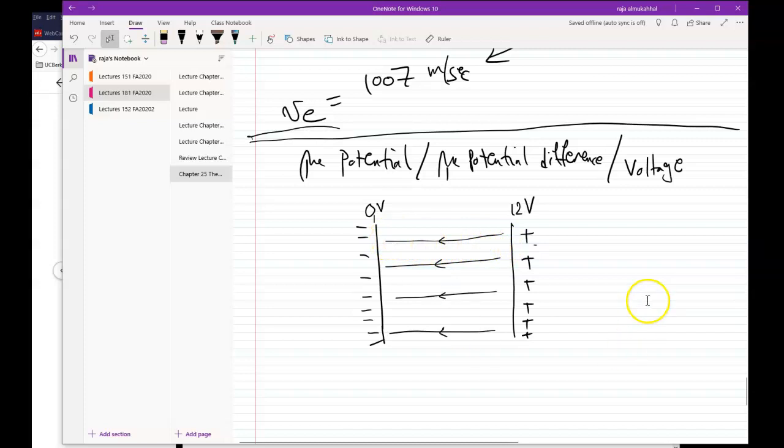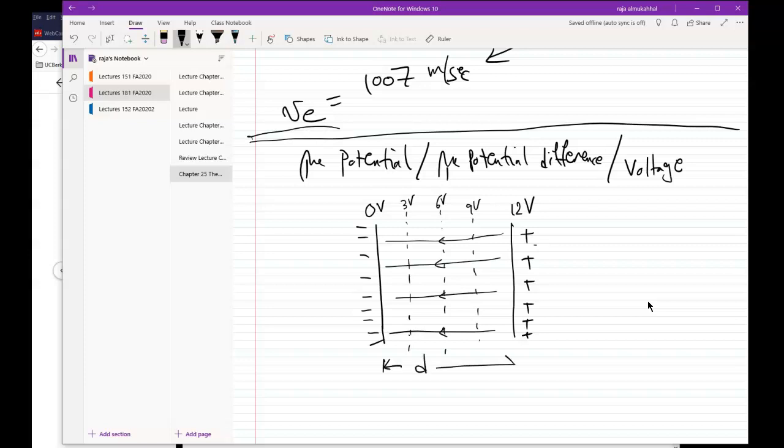In other words, if this is 12 and this is 0, right smack in the middle it will be 6 volt, and right here it will be, say, 9 volt, and right here is going to be 3 volt, and so on. There is a linear relationship between the volt and the distance. Now the distance here, let's call it d for simplicity.